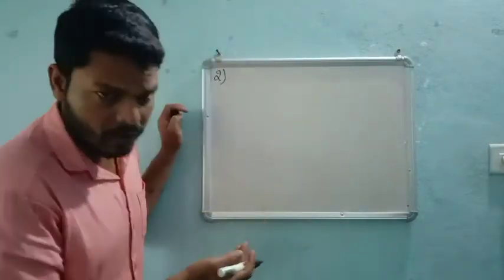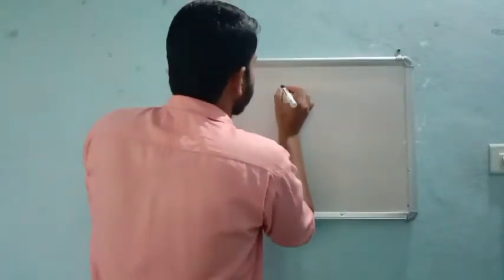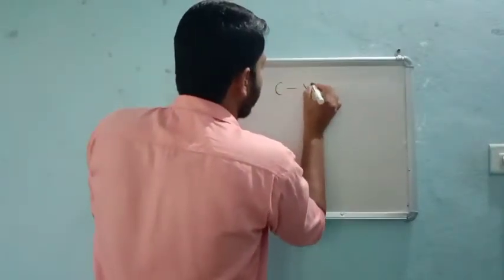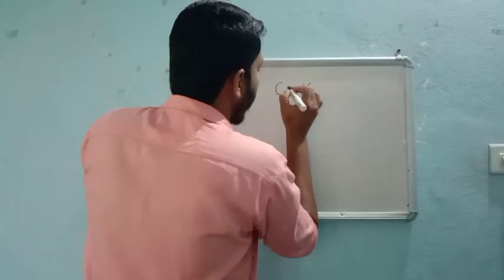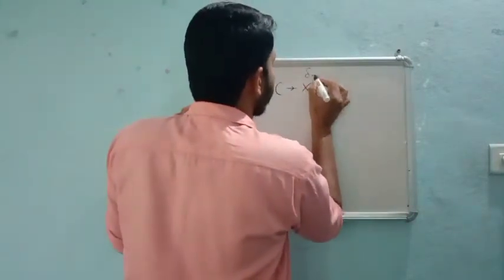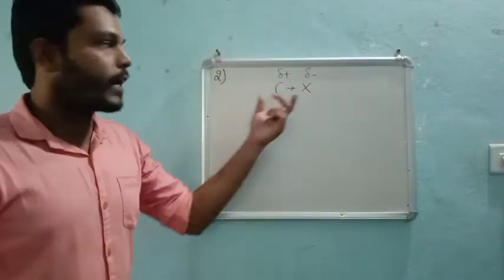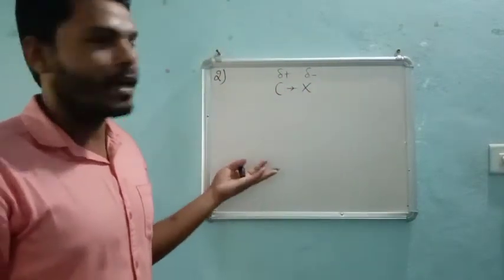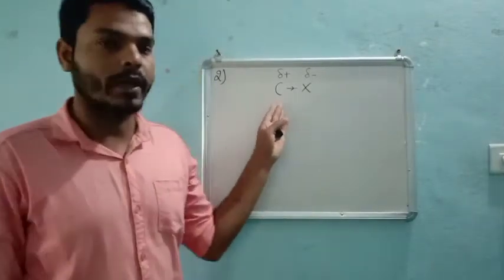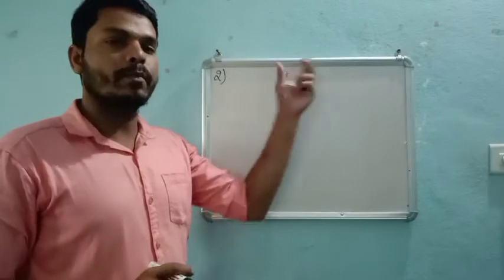This is a continuation of the first point. Because of the higher electronegativity of X, the dragging of electrons takes place. As a result, the halogen gets a partially negative charge and the carbon gets a partially positive charge. That's why it is polarized. In the first point itself I have explained the second point also, so we just need to say in the first point that it is polarized.